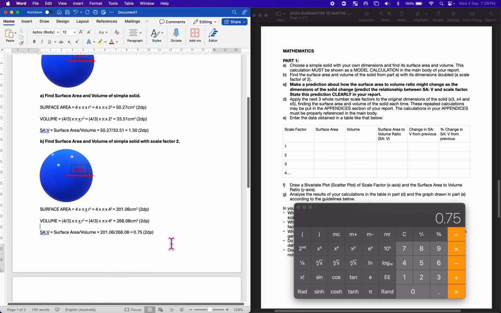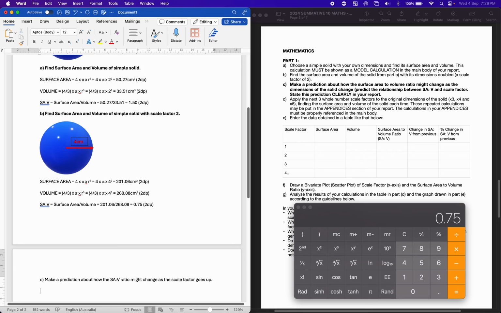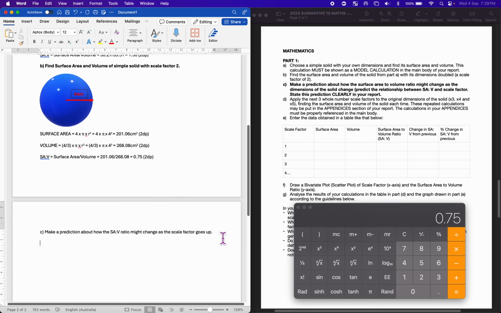So this question here, C, is asking you to make a prediction about how the SA to V ratio might change as the scale factor goes up. You don't have to be right. You just need to state what you predict.